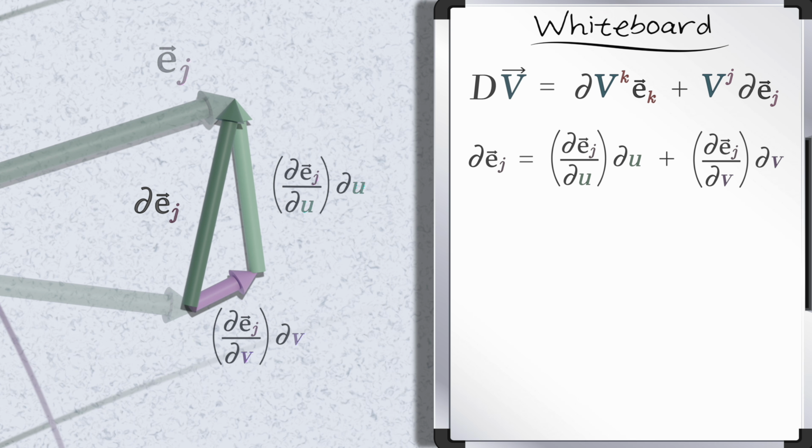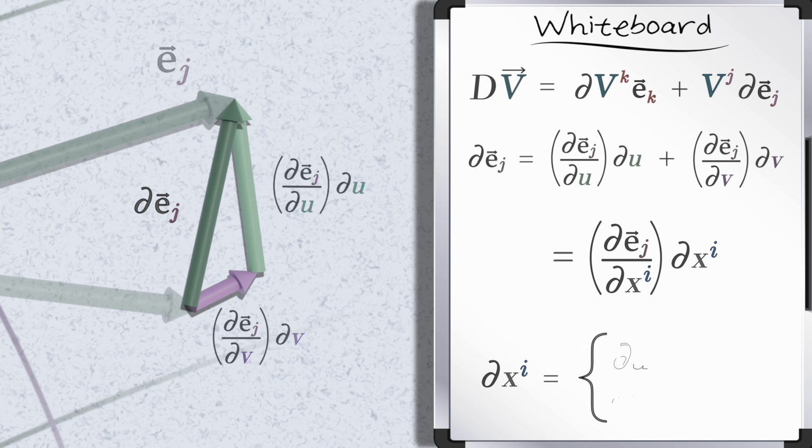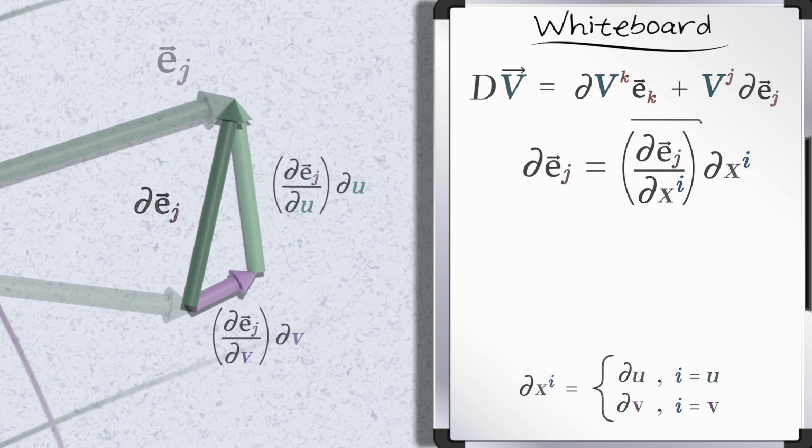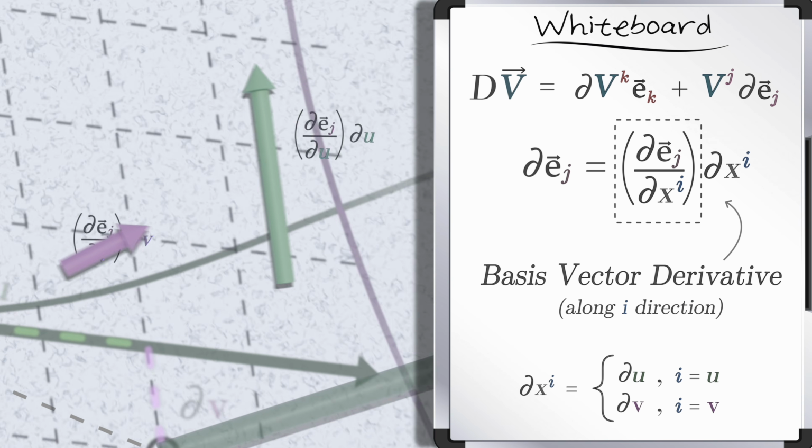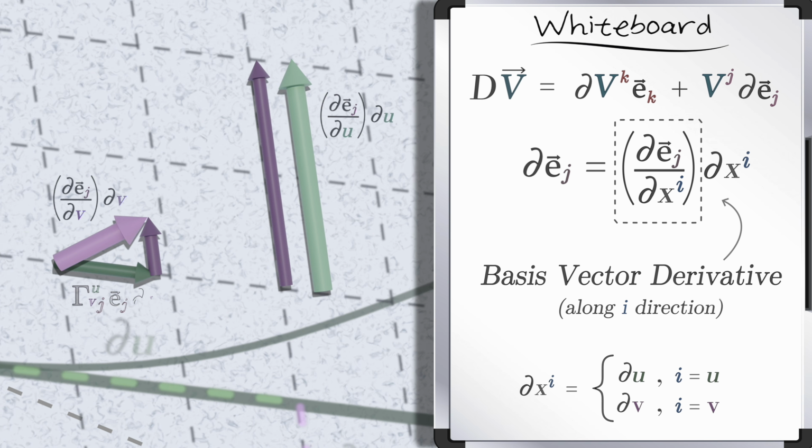Like before, we're going to express these two terms as a single term with an implied summation, dej/dxi, where dxi stands in for either du or dv, depending on the i index. Now the term dej/dxi, expressing the derivative of the basis vector with respect to the manifold along the respective i-coordinate direction, can be expressed in terms of the curvilinear basis via use of the Christoffel symbols.